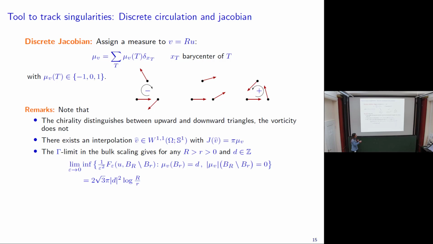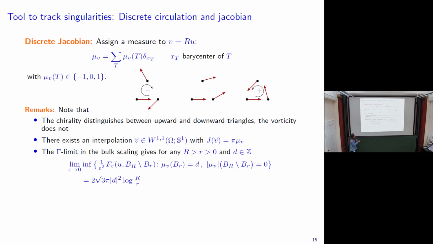Then you can actually pass to the continuum. You use the right scaling, you can pass to the continuum. You need to transfer this mass condition to the degree condition, and you can use the energy bound that we saw before from Adriana, and it was already there on the previous slide, to see that this goes like the square of the degree and the logarithm of the ratio. Okay, just as a side remark.